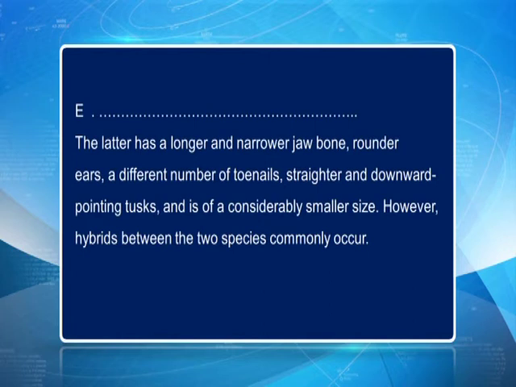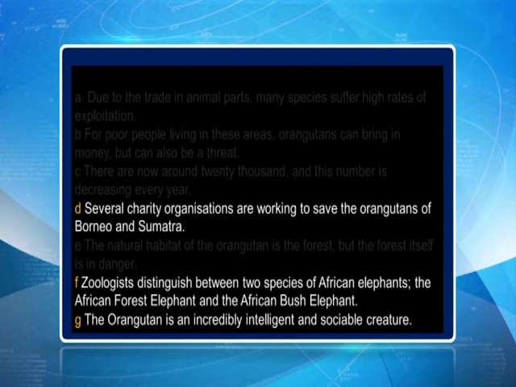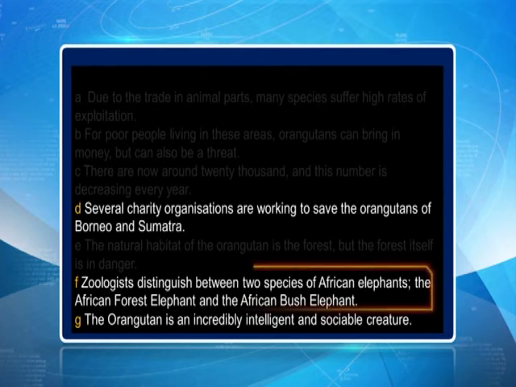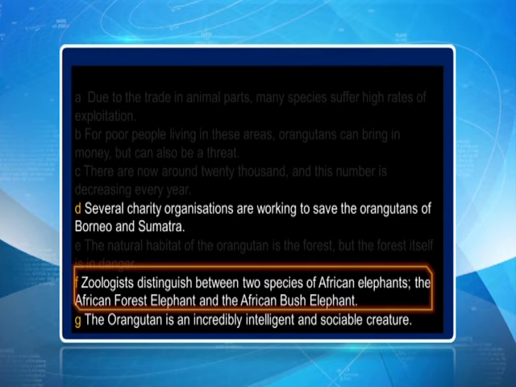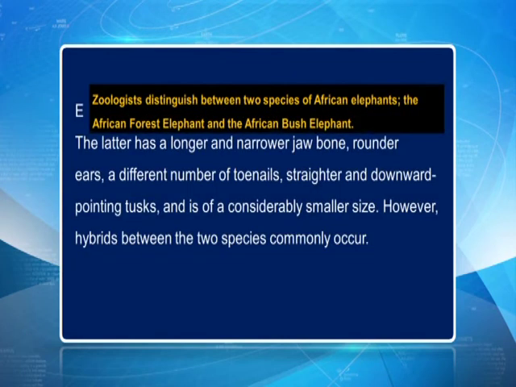So the latter has longer, you can see the comparative form of the adjective long, and narrower. So here we are comparing two species. So which sentence introduces two types of elephants? It must be F. Zoologists distinguish between two species of African elephants. So this is the correct choice, and the extra ones are D and G. So this is our sentence.